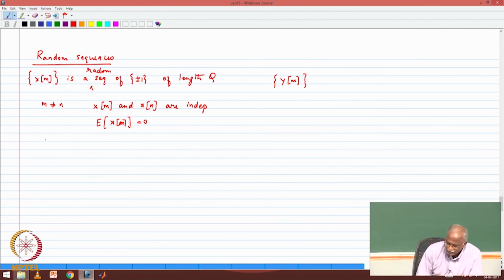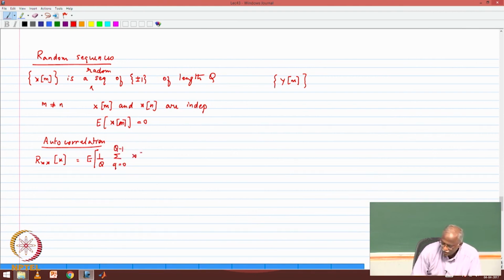Now we want to look at the properties of this type of system. The first thing I would like to do is autocorrelation property and how it manifests itself, and then the cross correlation property. So Rxx of k would be the expected value of 1 by q, because I am doing a summation over q from 0 through q minus 1, of x of q times x of q minus k.